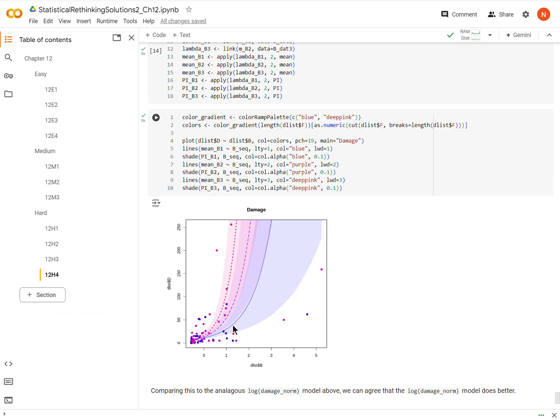The most masculine is the blue error shadow with a solid blue line, the feminine is the dotted pink line, and the ambiguous names are this purple area right here. So we can see 3 different levels of name femininity, and they all follow a similar pattern. But anyway, the moral of the story for this question is that using log damage norm seems to be a good idea.